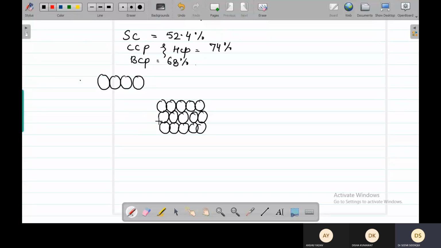If I talk about the square, it would be like this, square close packing. Over here, after each sphere there is another sphere. But if I talk about the hexagonal, in the void space of both, another one is going to come.